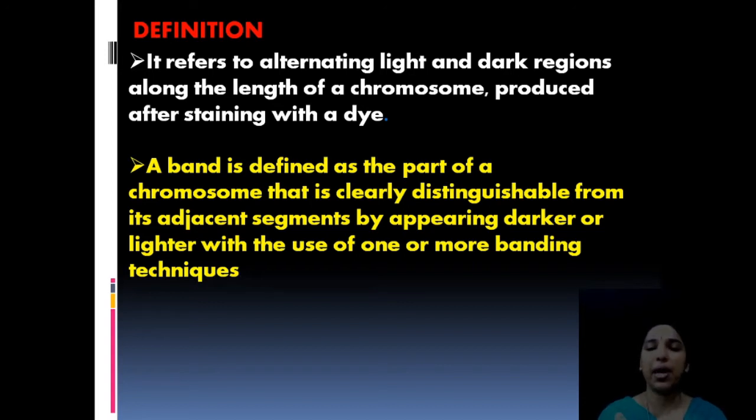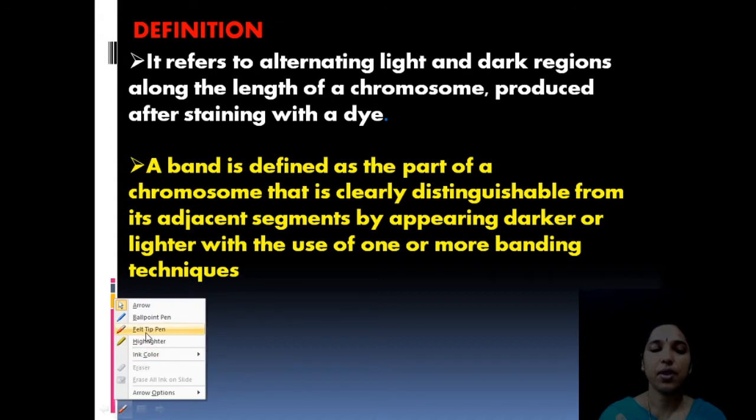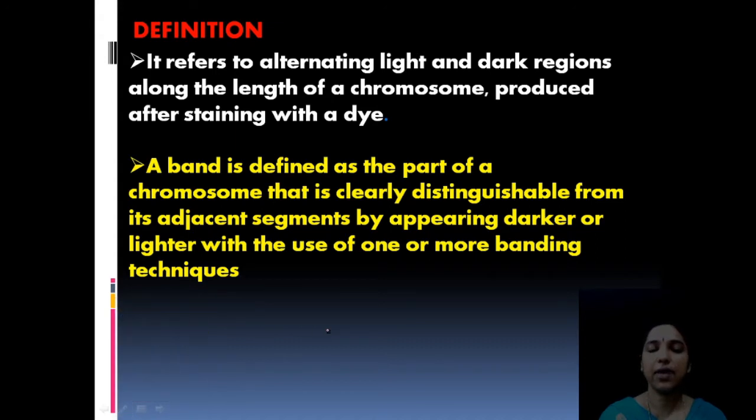Okay. A part of the chromosome, I will draw the diagram here. You can have the example, see, if this is a chromosome and this is a centromere. You can see there are some portions that appear darker, some portions that appear lighter, and these parts can be distinguished from other parts and are known as bands.